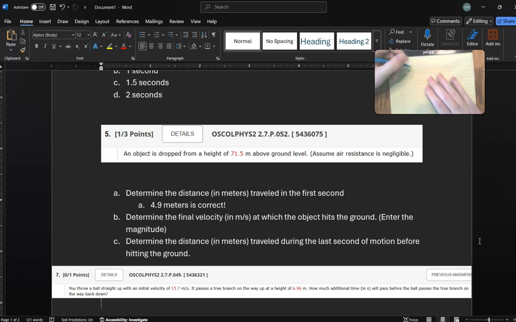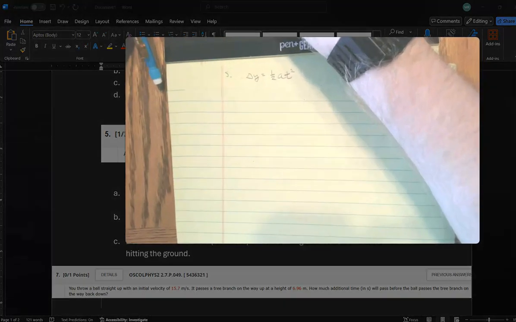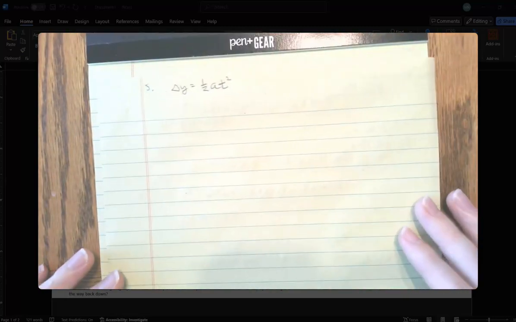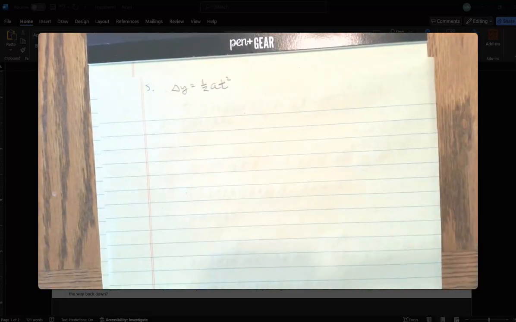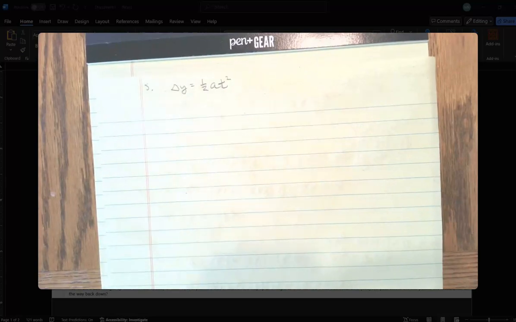So we have the change in my displacement is equal to 1/2 a t squared, because we're assuming our initial velocity is 0. Which is true in this case, so we're just dropping it, we're not throwing it down. My initial velocity is 0, and then all the change in velocity is from the acceleration of gravity there.